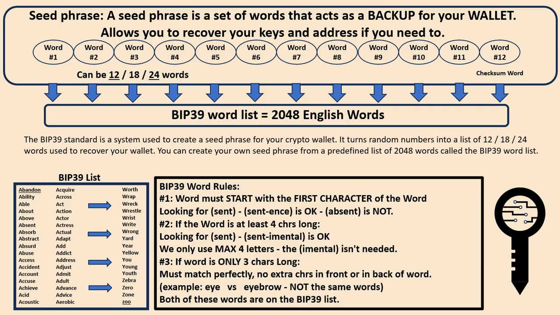And what's really nice about it is that all those words are standardized throughout the industry. They start with the word abandon, as you can see here, abandon as the first word, referred to as word 0, and go all the way through the Z's, with zoo being the last word. Now, there are a set of rules that you have to follow that allow you to pick those words. Those rules we'll talk about more in the software, but that's the idea.